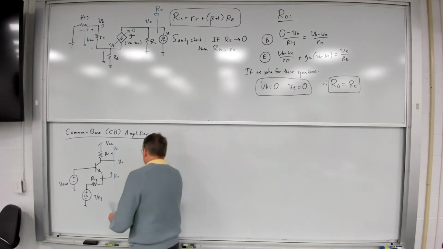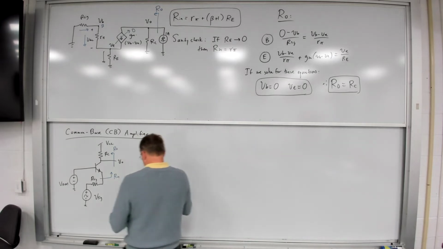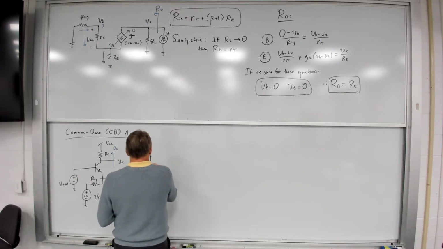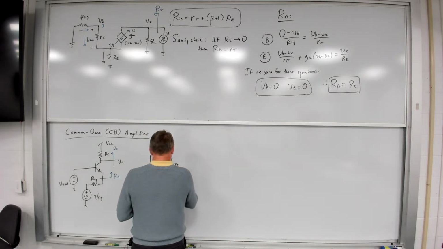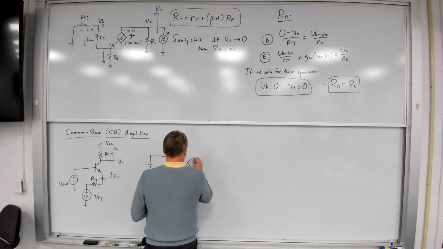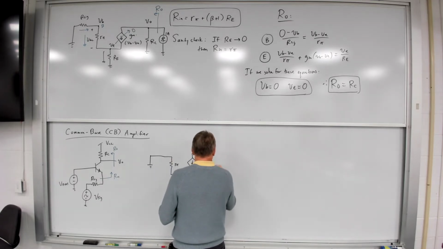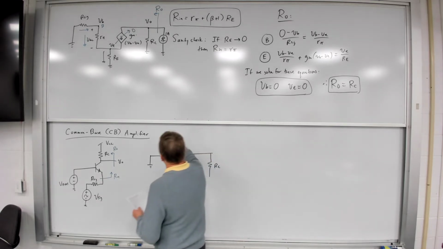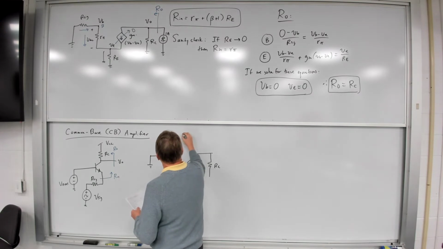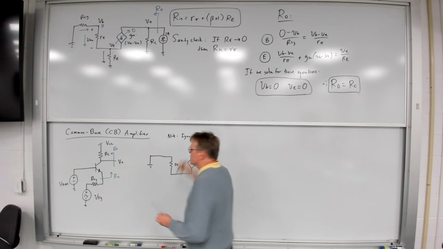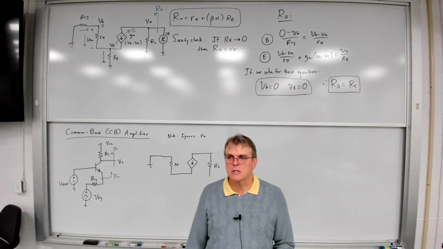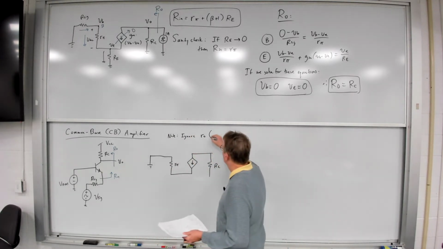So in this case, we'll draw the small signal diagram. And we note that once again, we're going to ignore the little r sub o, the collector emitter resistance, because we're going to assume it's large.